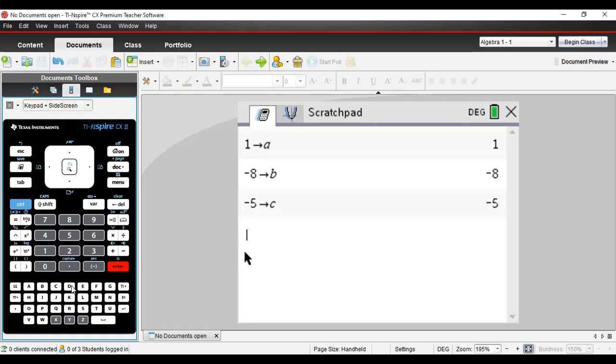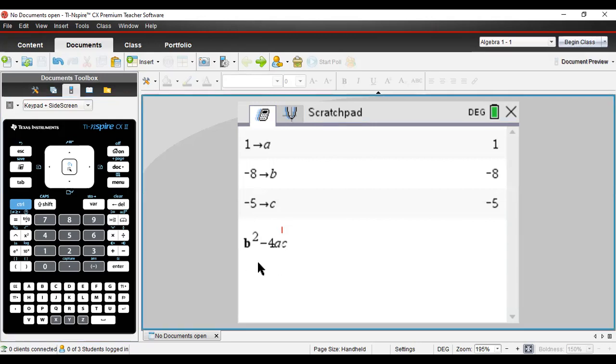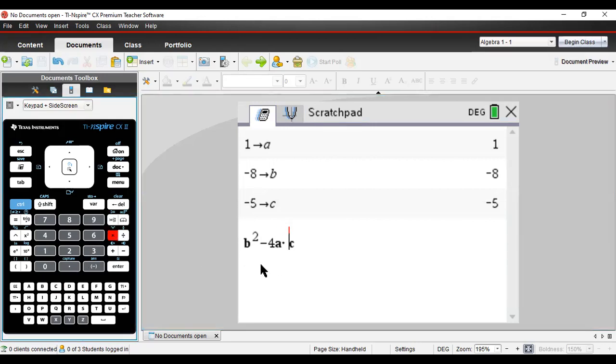So we're just going to go b squared, minus 4a. Now remember, you can't have two letters next to each other. You don't want to put it this way because there's no variable AC. This has to be a multiplication symbol. Now, b squared minus 4ac, that's the part inside the square root. You press enter, it's 84.